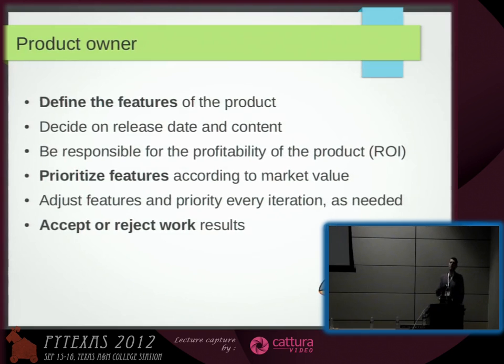For example, IBM is outsourcing something to a company in India, and they have a product owner who is here in Austin, and a team with a Scrum Master overseas. If you're within the company, that's the person who has the most communication with the clients or the future users of the software.